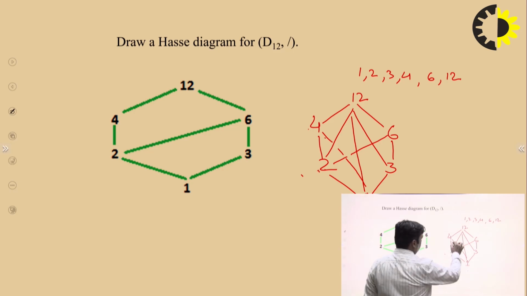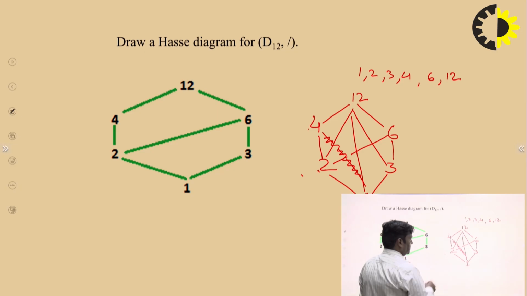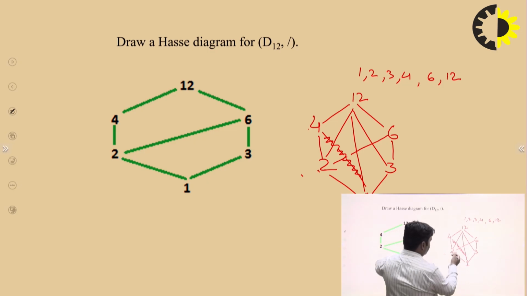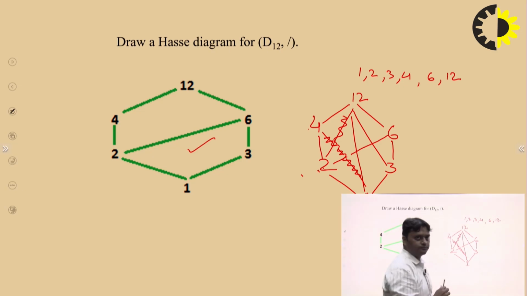So we have to remove it. With the same concept, 4 is divisible by 2, 12 is divisible by 4 and 12 is divisible by 2, so we remove this transitive relation and so on. We have removed all transitive relations. The final Hasse diagram we get here.